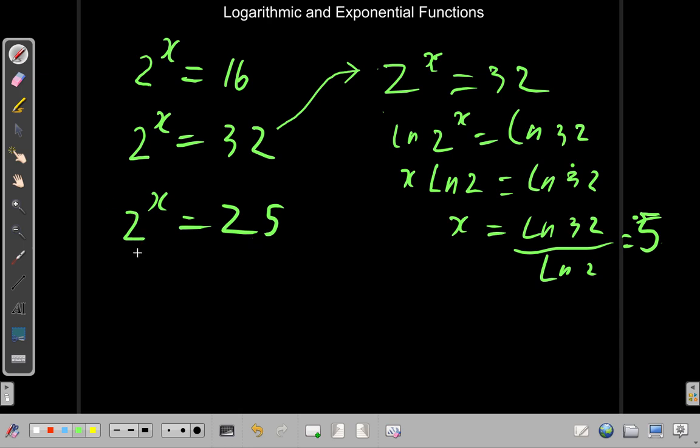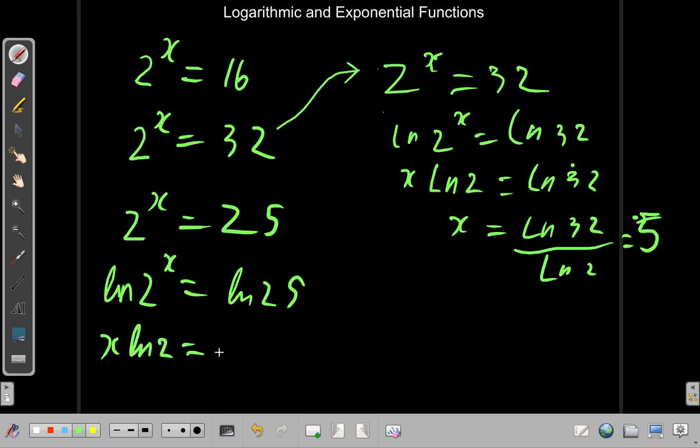What you have here is, let's use ln 2 to the x equal ln 25. So this is same as x ln 2 equals ln 25. When you divide both sides by ln 2, you will get x equals ln 25 over ln 2.